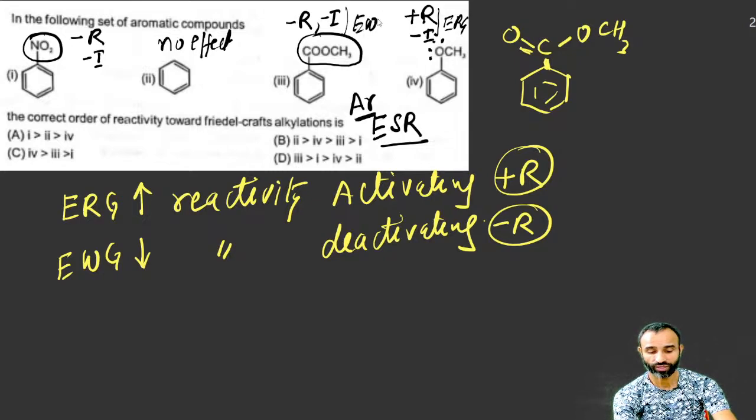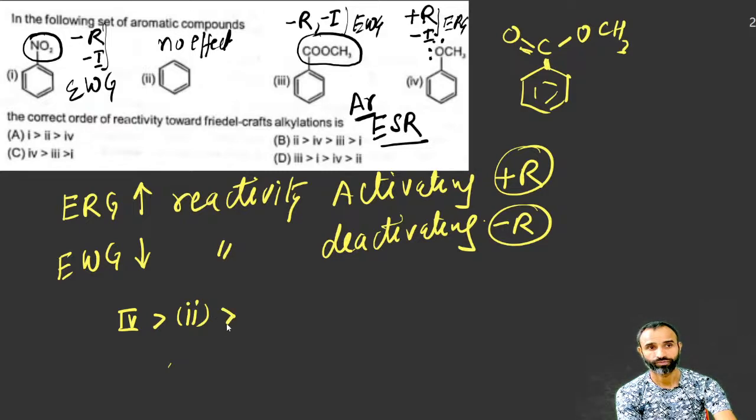Electron withdrawing. Electron withdrawing, no effect. So in the first instance, we can see that fourth should be more reactive than second. Then it is first and third.